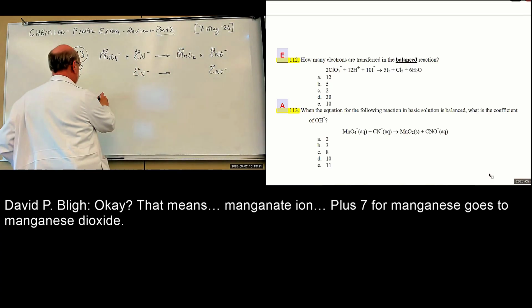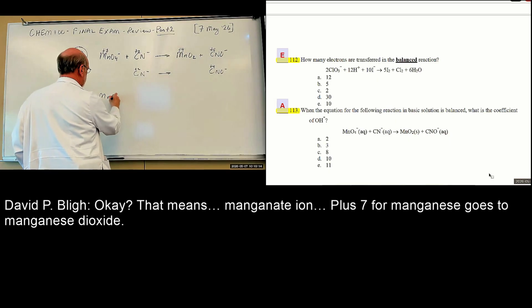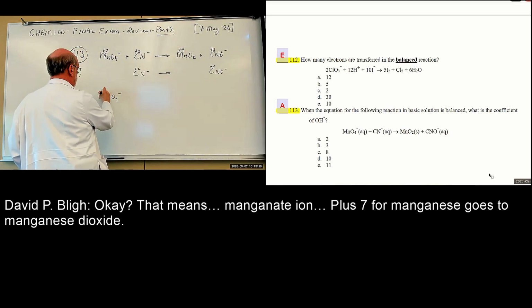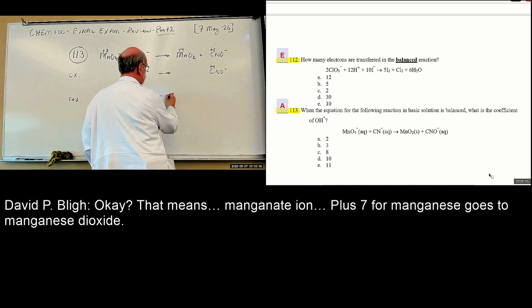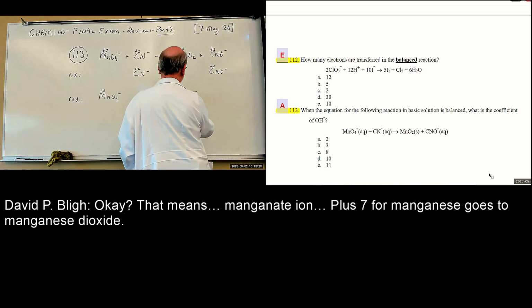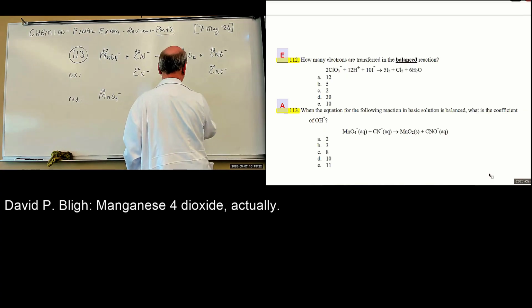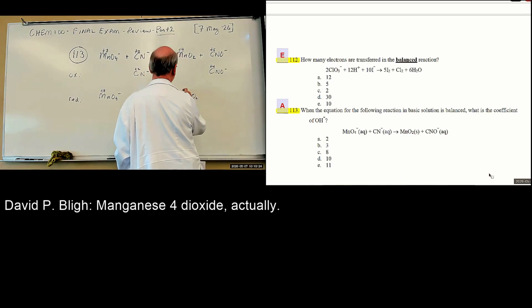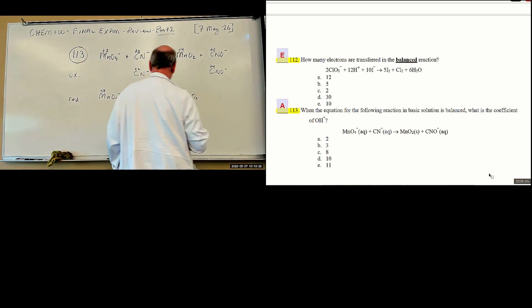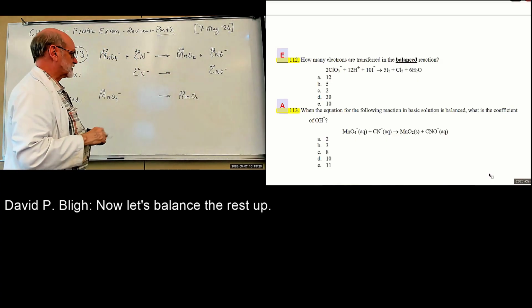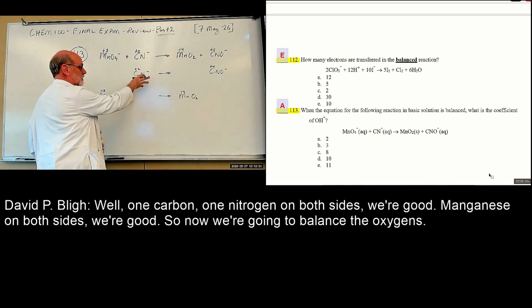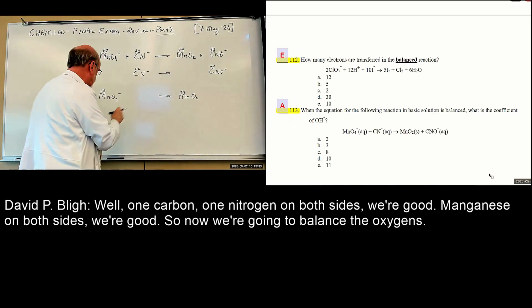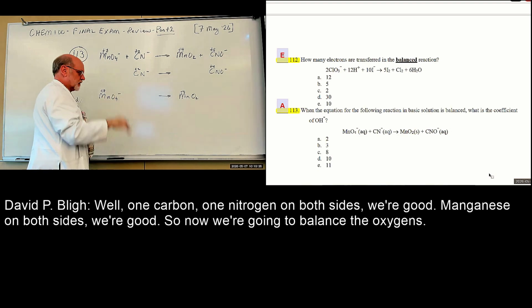Okay, that means manganate ion, +7 for manganese, goes to manganese dioxide. Manganese 4 dioxide, actually. Okay, now let's balance the rest of them. Well, 1 carbon, 1 nitrogen on both sides, we're good. Manganese on both sides, we're good.